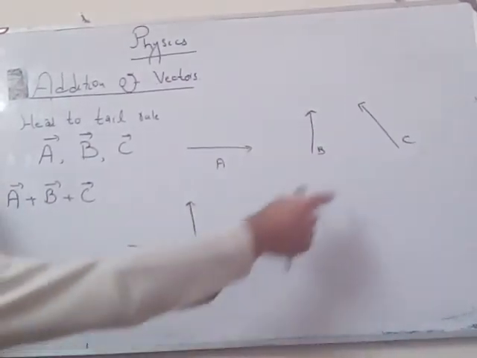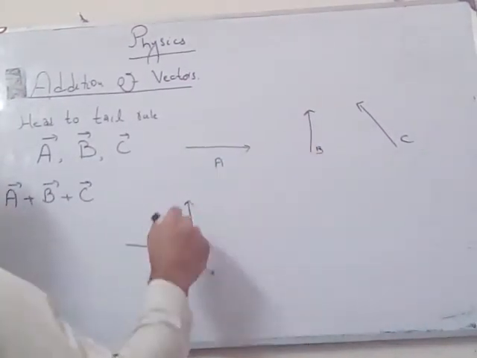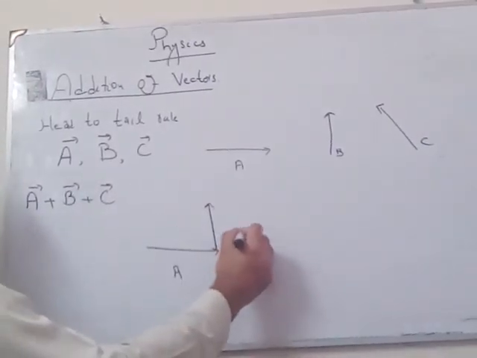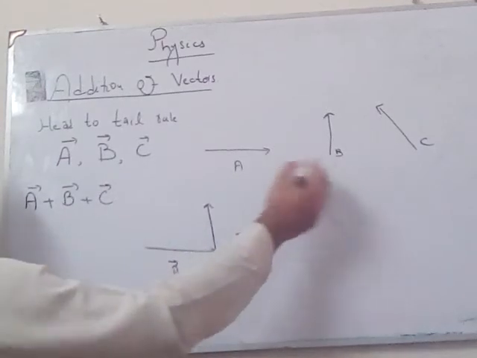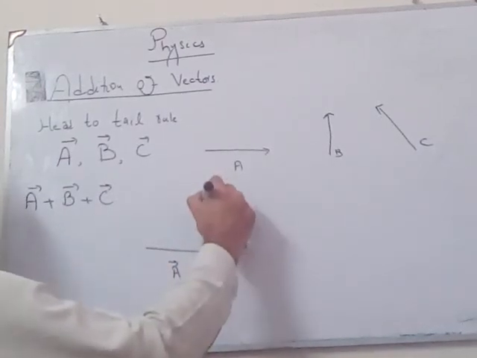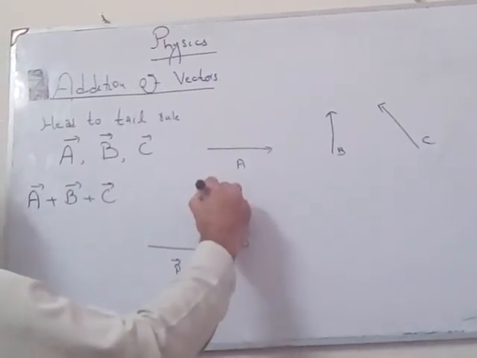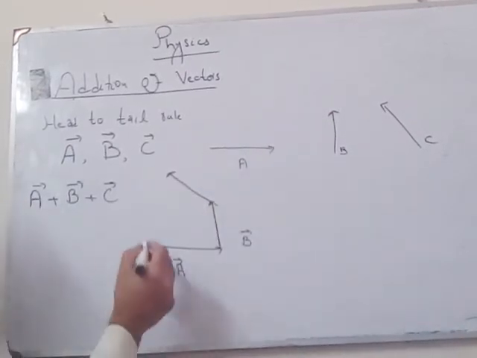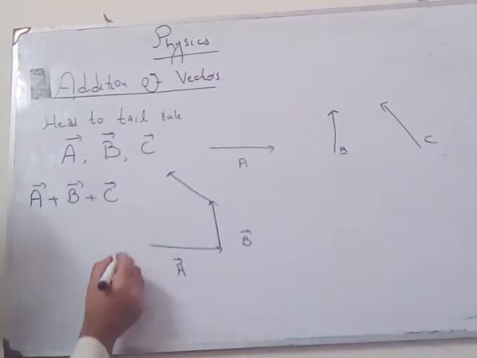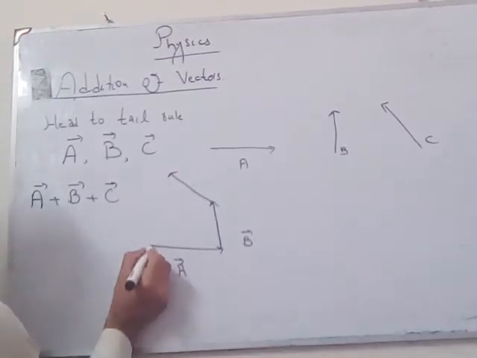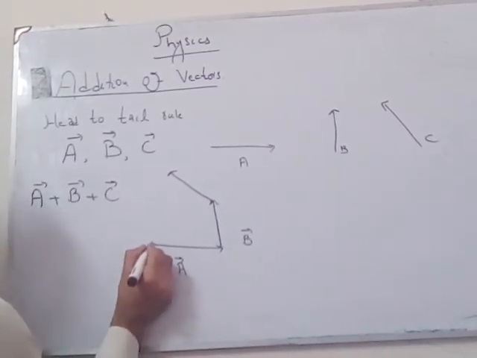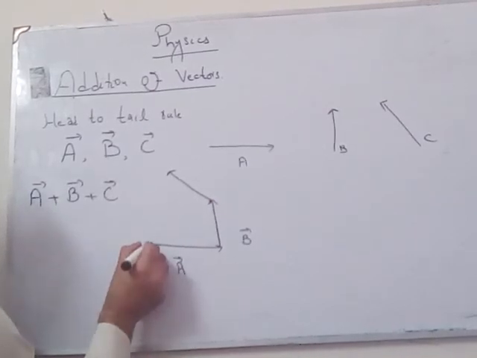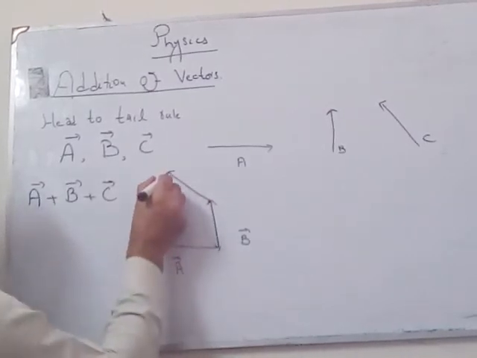And then the vector C will be connected with the vector B in such a manner that the tail of C will be connected with the head of B, and finally the resultant vector will be connected in the same way, that is the tail of the resultant will be connected with the tail of the first vector, and the head of the resultant will be connected with the head of the last vector.